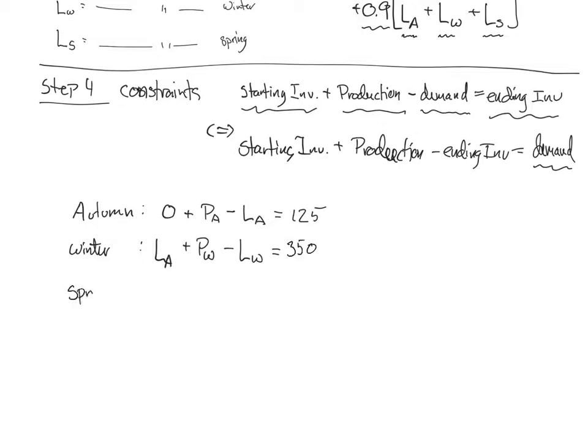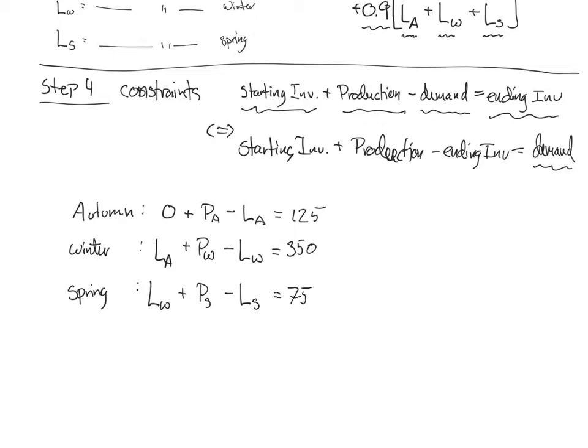Of course, we also need one in the spring, like that. The starting inventory of the spring is equal to the ending inventory in the winter. Then we produce, and then we put something in stock. So that's the LS, and that has to equal 75.